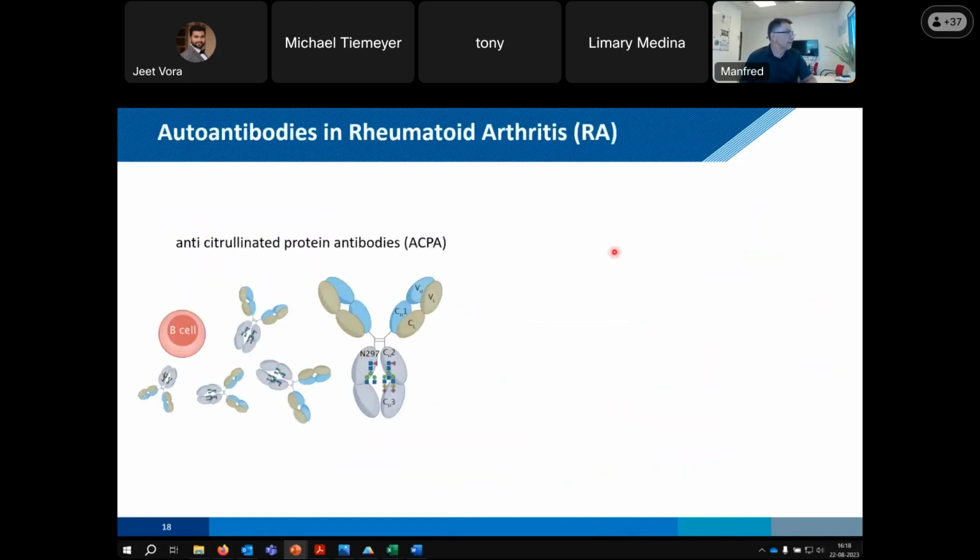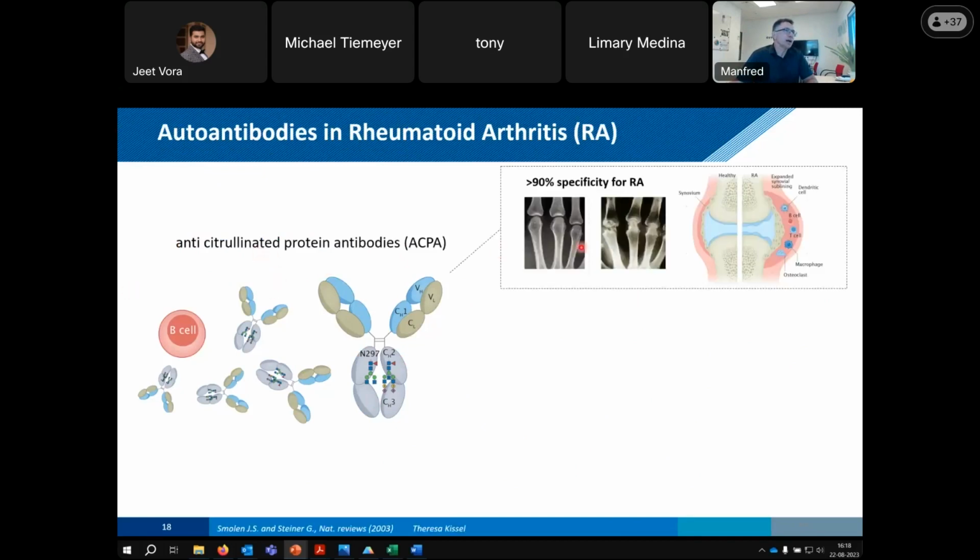So this was on the in vitro functional assays. And I'll now move into rheumatoid arthritis and show a bit of experiments we did there on characterization of the pathogenic autoantibodies. These are antibodies against citrulline, and these antibodies are in part produced by B cells, which are close to the inflamed joint.